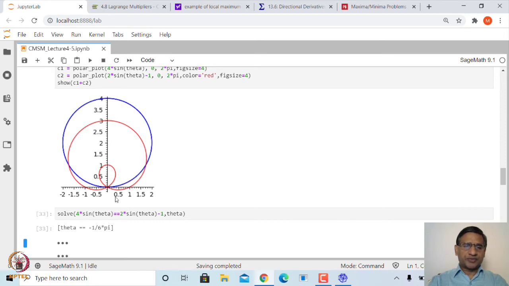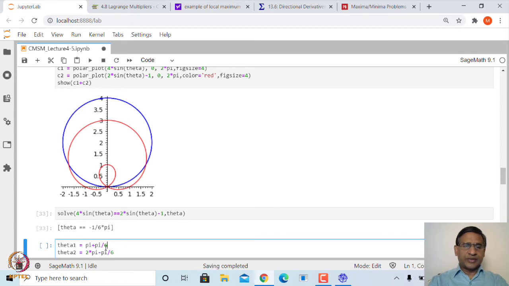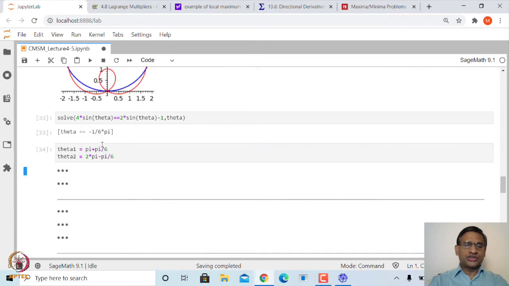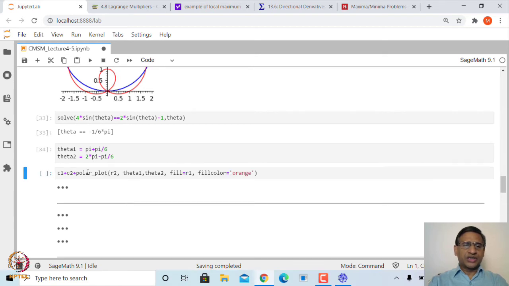So, this will be actually pi plus pi by 6 for the first one, and the second one is 2 pi minus pi by 6. So, theta 1 is going to be 7 pi by 6, and theta 2 will be actually 11 pi by 6.